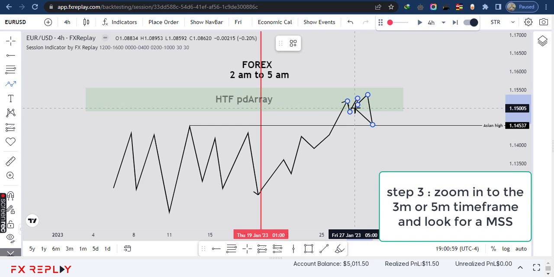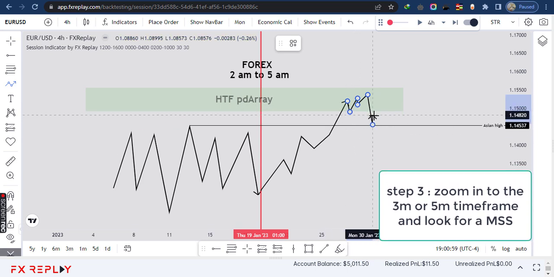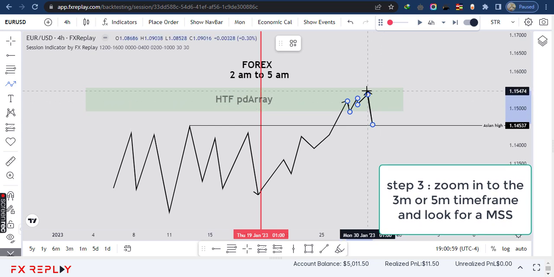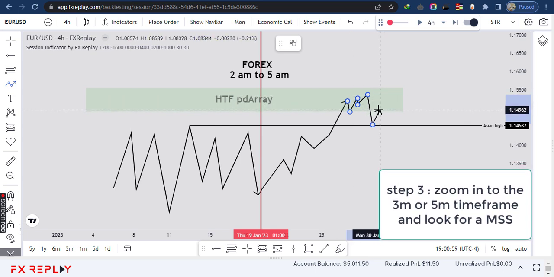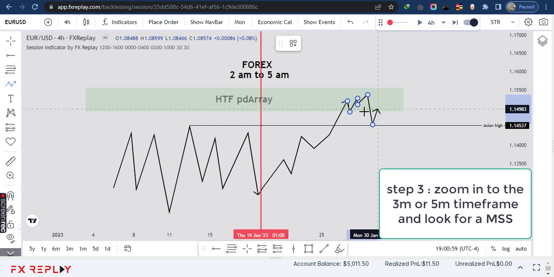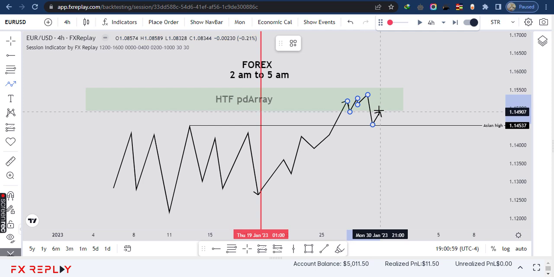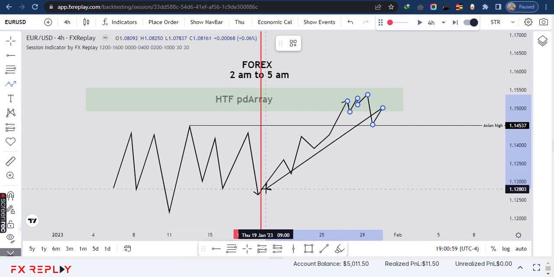When this displacement happens, you want to enter on a fair value gap here. I'm going to go through this in detail when we go to live charts, so please hang with me here. When price reprices to this fair value gap to balance it, here you want to take the short, and target the sell side liquidity here.